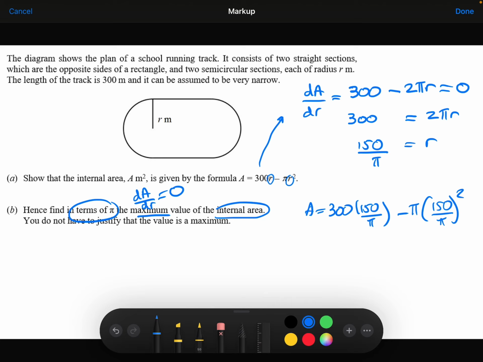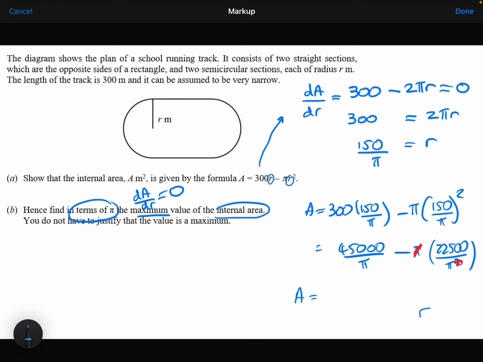So when we do that then, the 300 times the 150 over pi gives 45,000 over pi. The 150 over pi squared gives 22,500 over pi squared, which when multiplied by the pi at the front will cancel to just be 22,500 over pi.